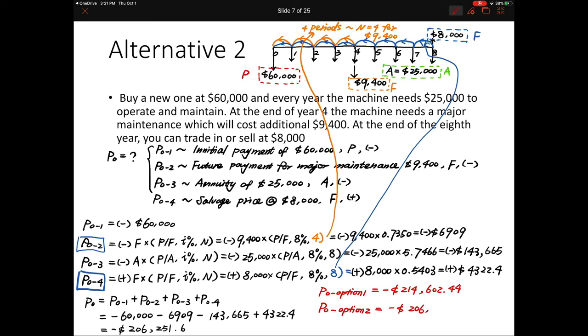Negative means it's a cost. So if you want to choose which one is the better one, you need to pay either 214,602.44 or 206,251.6.